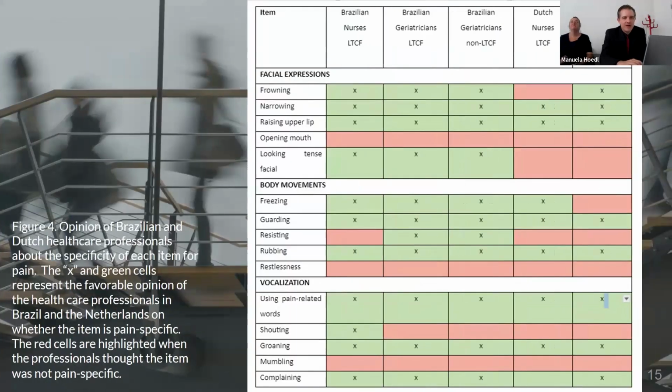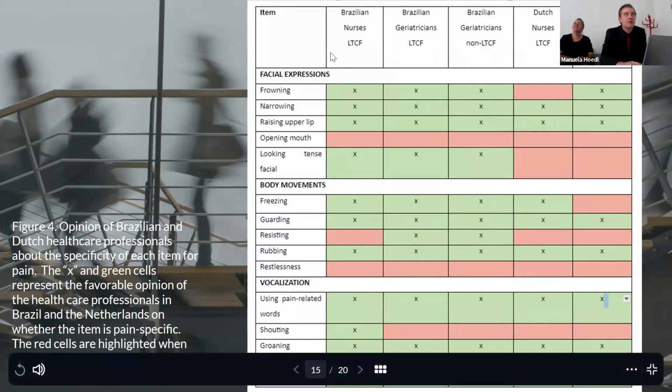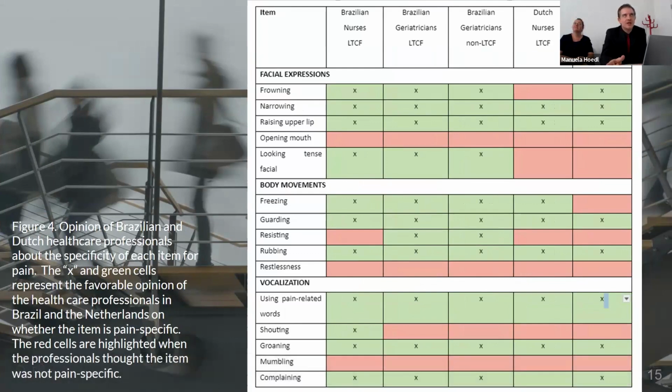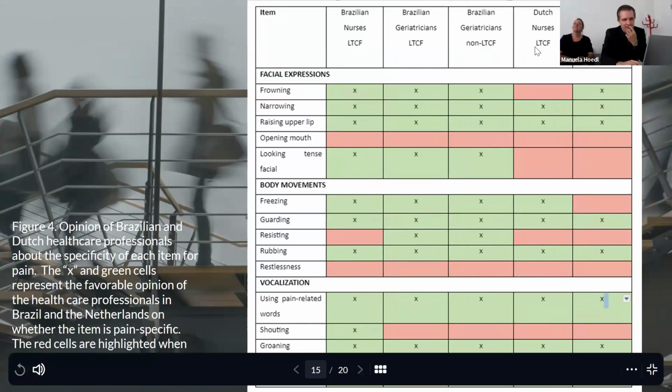And here we have a final table comparing the answers from a previous Dutch work with the Brazilian answers, particularly focusing on the target group that we define, as this Dutch research also had a target group: the Dutch nurses working in long-term care facilities and the elderly care physicians working in long-term care facilities.